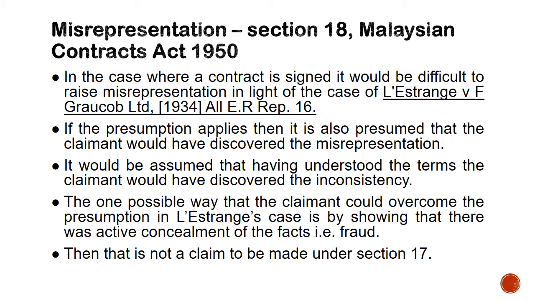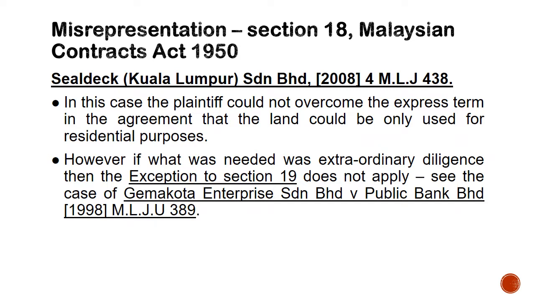If the presumption in L'Estrange v Graucob applies, then it is presumed that the claimant would have discovered the misrepresentation. Why? Because we presume that the claimant has read the contract. If the claimant has read the contract, then he would have discovered the misrepresentation. The fact the claimant didn't read is not relevant.